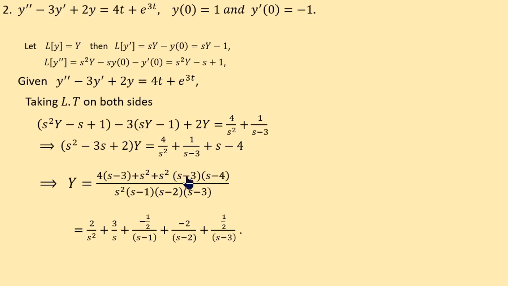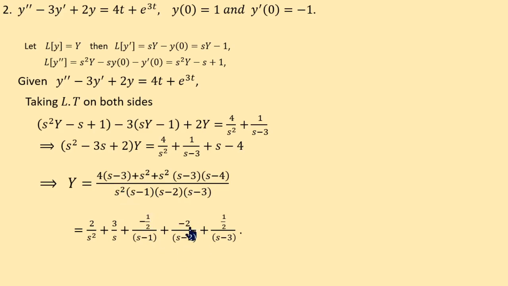Minus 2 into minus 3 is plus 6. 6 plus 1 is 7, minus 8, so the numerator is minus 1. Denominator, when s equal to 1, closing this part, 1 minus 2 is minus 1, 1 minus 3 is minus 2, so the denominator becomes 2. Numerator is minus 1, so minus 1 by 2 by s minus 1.